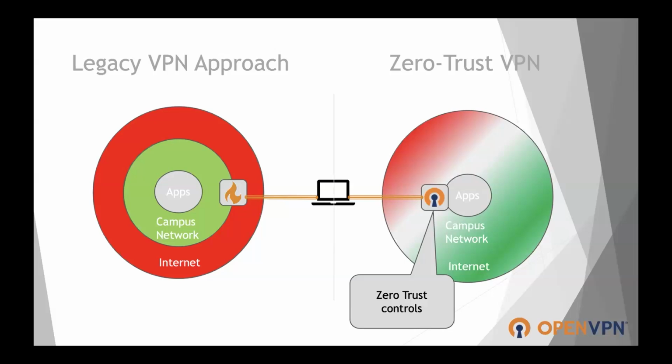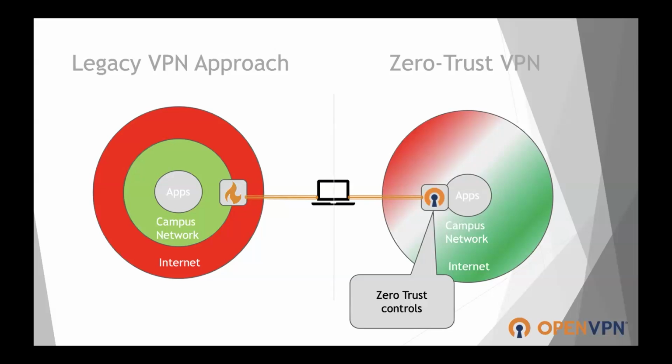We need tunneling to connect the device to the network, but the trust approach here is different. On the left-hand side is the moat and castle kind of approach, in which you assume that everything within your castle is trustworthy and safe.